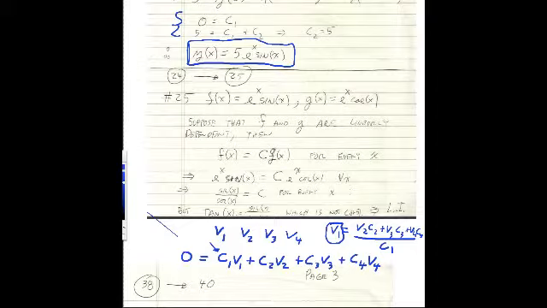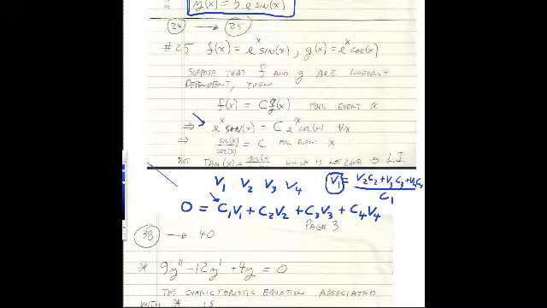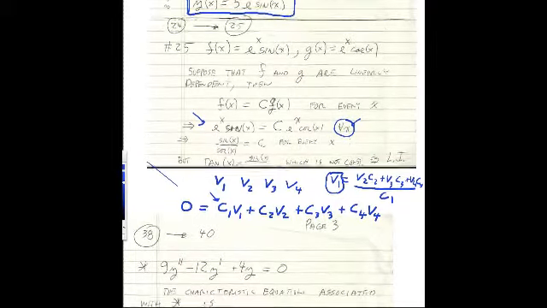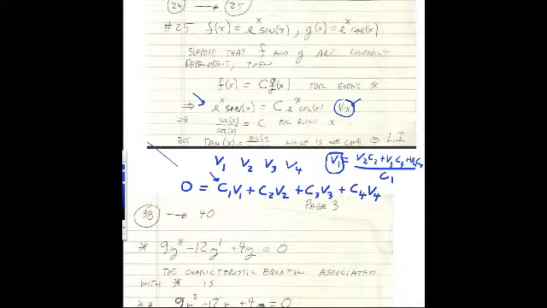That means that we would have to have e to the x times the sine of x equal to some constant times e to the x times the cosine of x for every value of x. So what does that mean? Let's just divide by e to the x times the cosine of x.